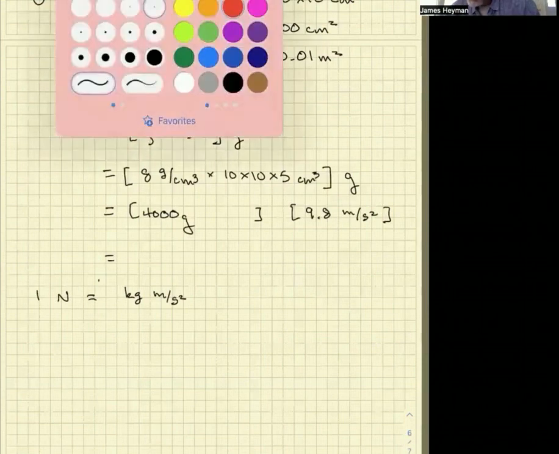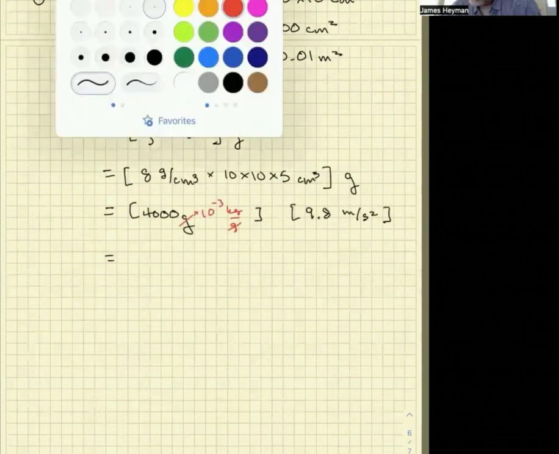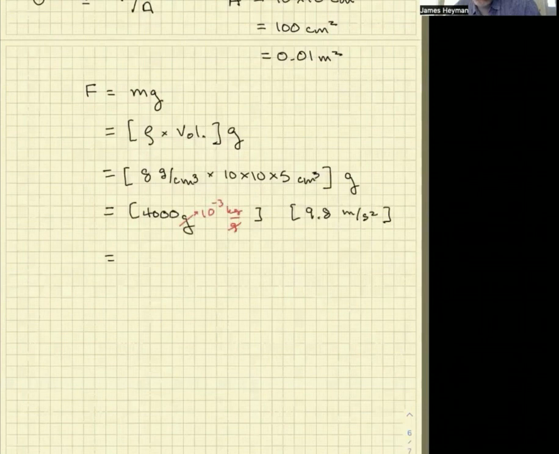That's easy enough. We simply have to multiply by 10 to the minus 3 kilograms per gram. Then the gram unit will cancel out and we'll be left with a force in newtons. Okay? So finally, we have 4 kilograms times 9.8 meters per second squared, and that gives us 39.2 newtons.